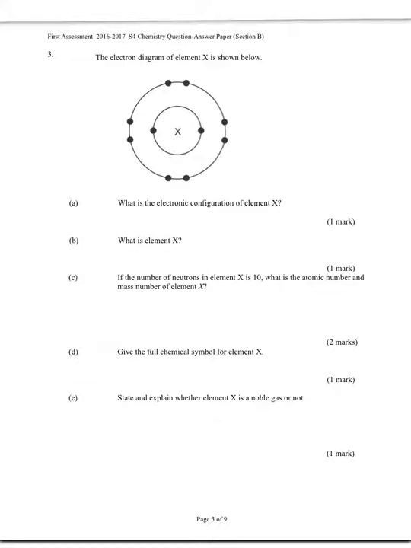Now the third question is related to an element X here. What is the electronic configuration of element X? One of you just WhatsApped me about this question. Electronic configuration is actually a number representation of the electrons.